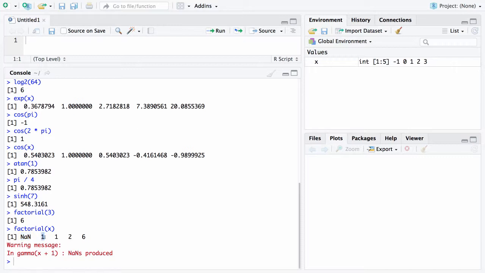However, the factorial of 0 is defined to be 1. The factorial of 1 is 1. Factorial of 2 is 2 times 1. Factorial of 3 is 3 times 2 times 1. It will give you a warning message when you run into this not a number for the factorial of -1.